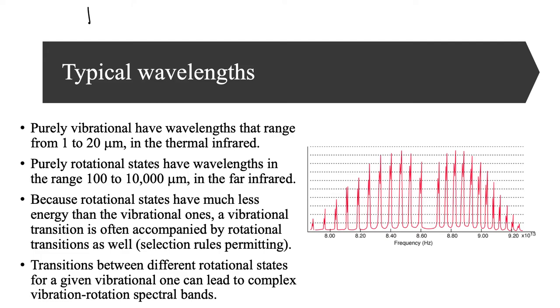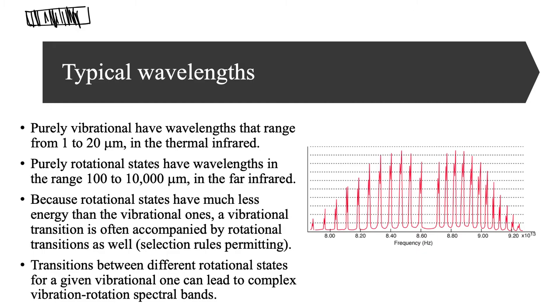Like we saw for the visible part of the spectrum, the hydrogen atom had lines that looked like this, kind of spaced out like this. But for molecules, now you can have vibrational states and rotational states as well, right? And so you'd expect a lot of lines if this was a molecule. These are all the different lines.